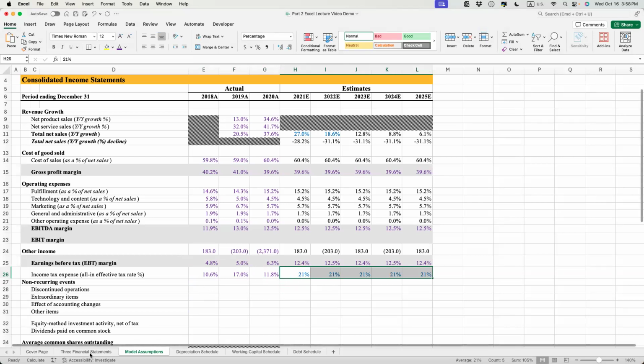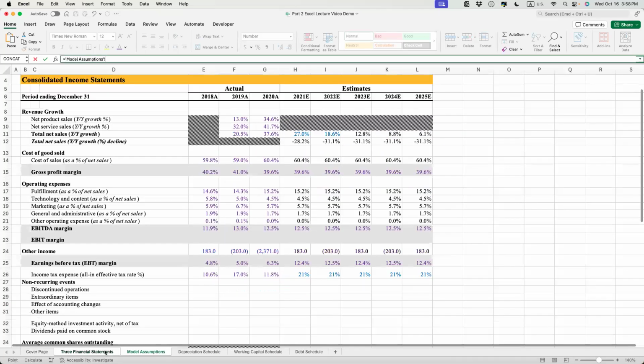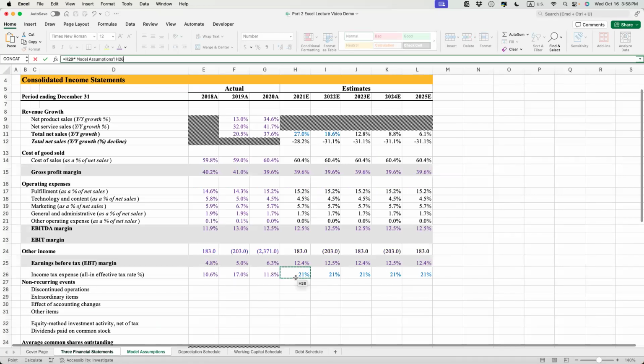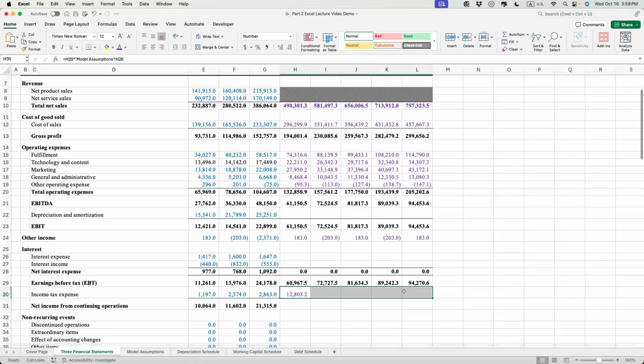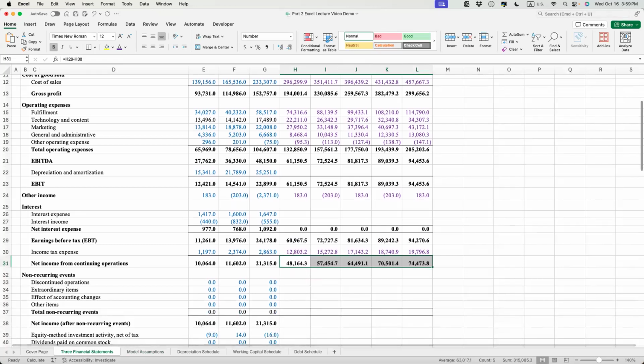So once we have the projected tax rate, we can come back to calculating tax. This is going to equal taxable income multiplied by your projected tax rate for the next 5 years. You get your tax calculated, and then we take taxable income and subtract the taxes. We will get the net income from continuing operations calculated.